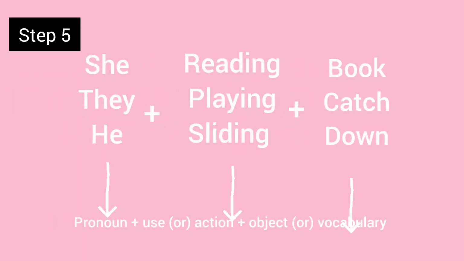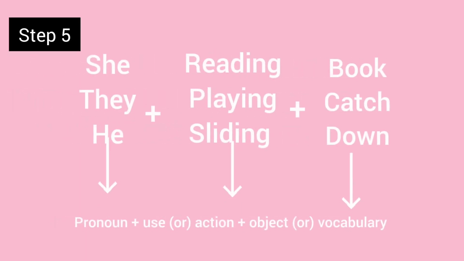Now you can say she is reading a book. They are playing catch. He is sliding down. So now you will be modeling sentences which have 3 to 4 words with your child, because you've already taught the beginning part.